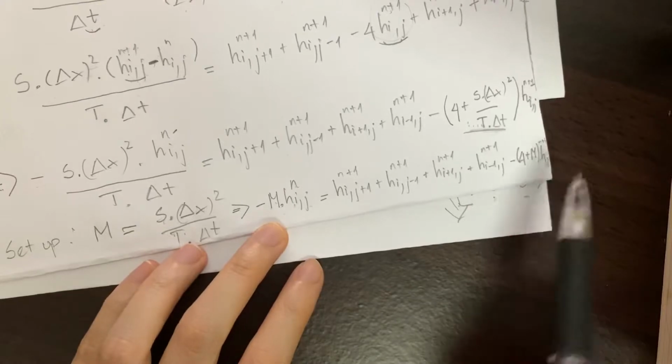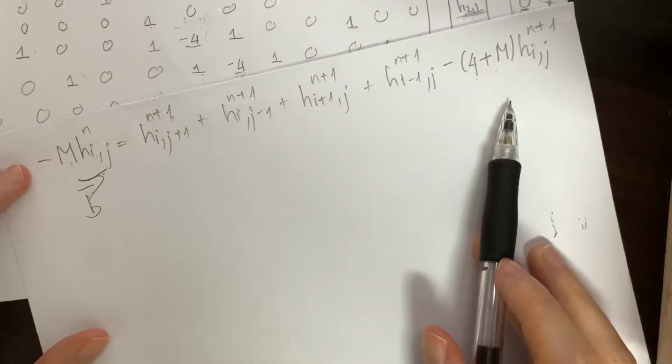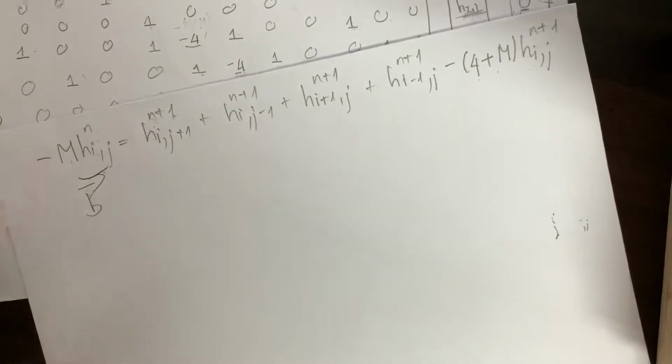So I have the final equation like this, and rewrite it like this. That is the way to solve the transient flow.